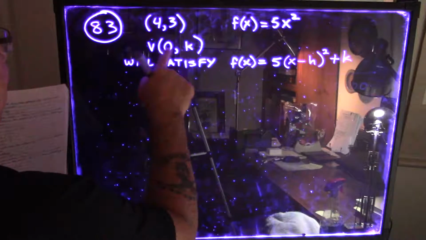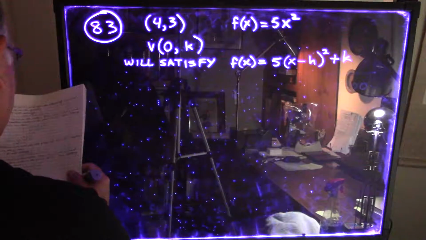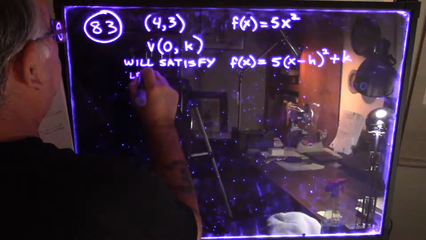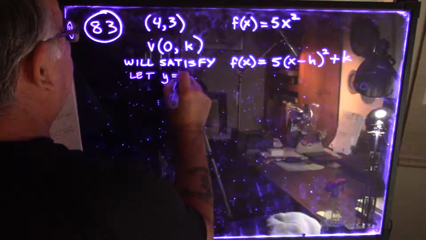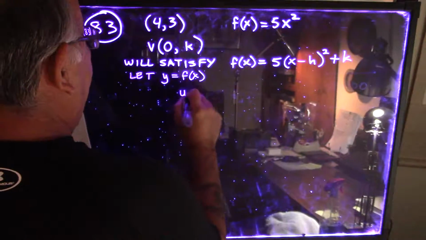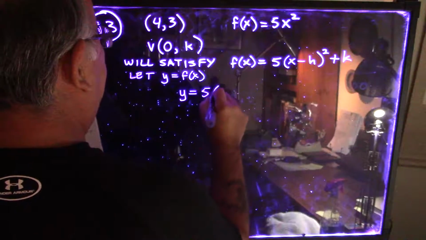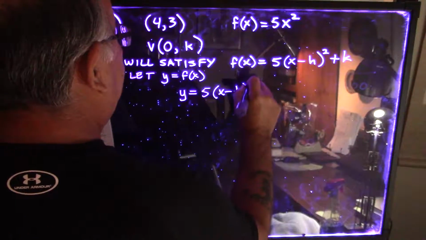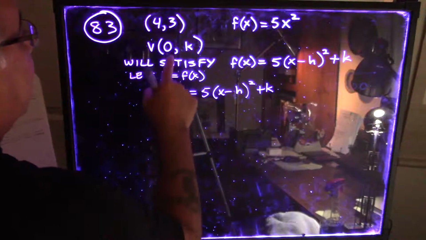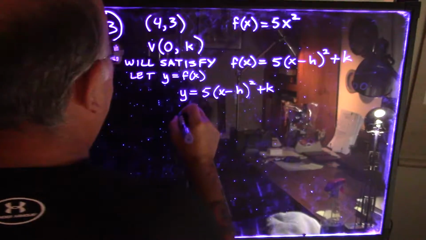So hk equals 0k, as we know, and the function has the point 4, 3, as we know. So we let y equal f of x. And so what we have then is y equals 5 x minus h quantity squared plus k. And so let y equal 3 and x equal 4, since that point is on this graph.